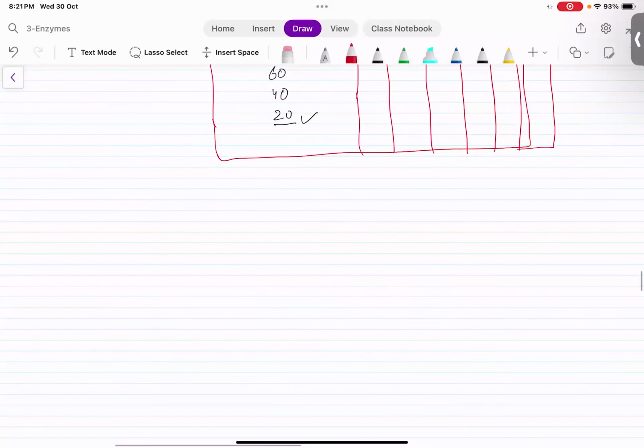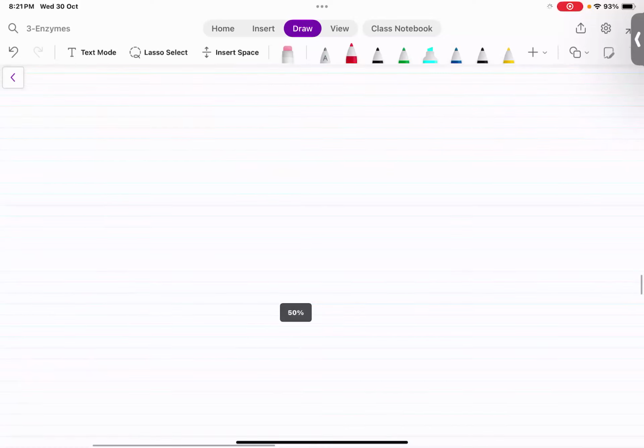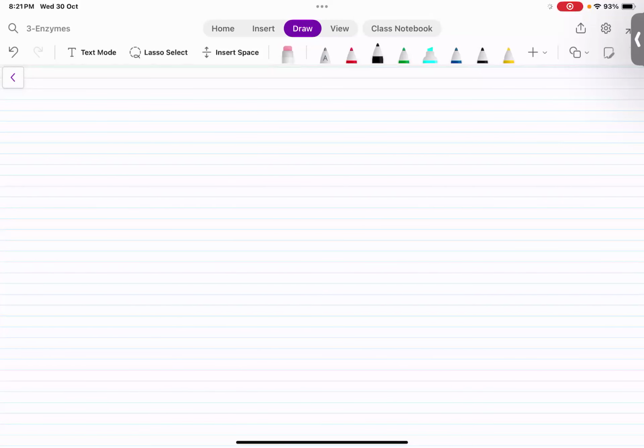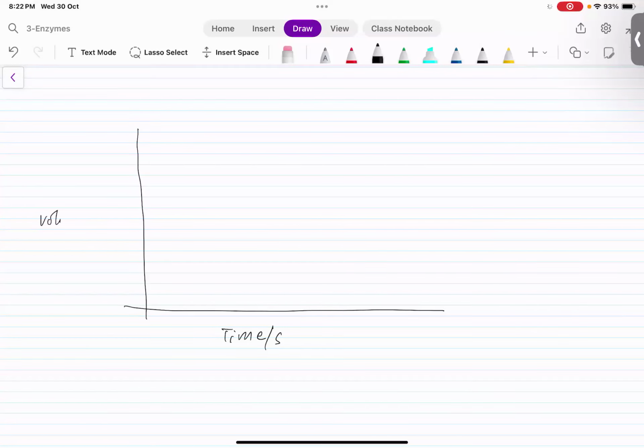So these results can be assumed in this case, and if we plot these results on graph paper, we will have a graph obtained this way. On the x-axis, we write the time in seconds, and on the y-axis, we write the volume of O2 collected. This is 30, 60, 90, 120, 150, 180, and 210.